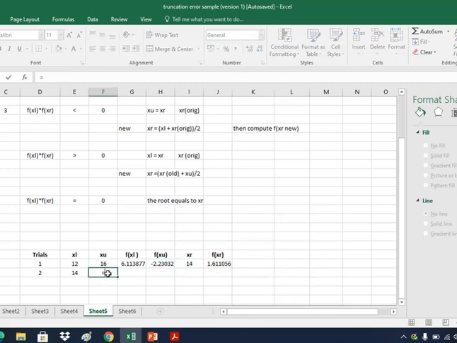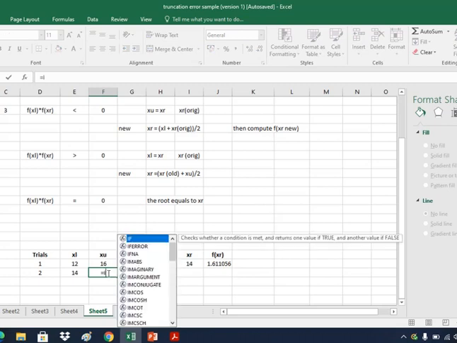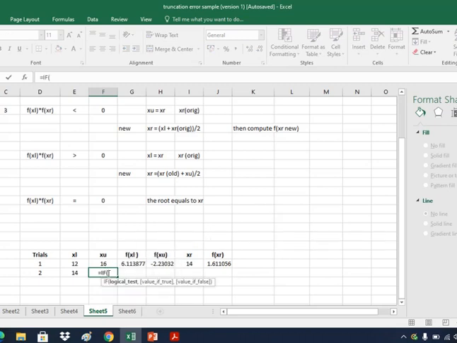Then for XU, it equals to if f of XL times f of XR is greater than 0. Ano ang mangyayari?